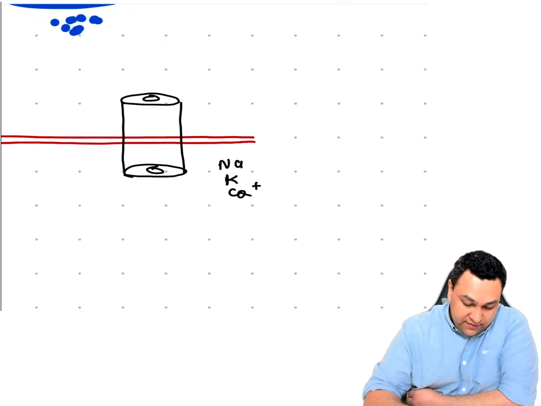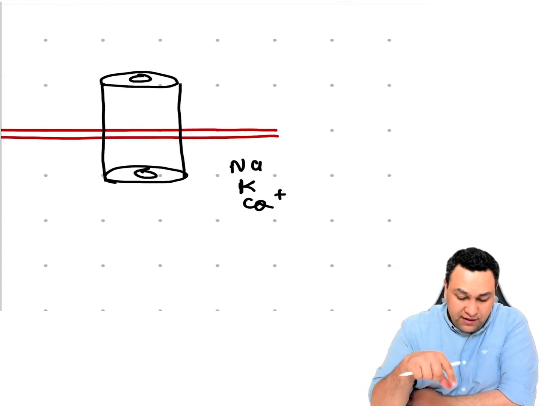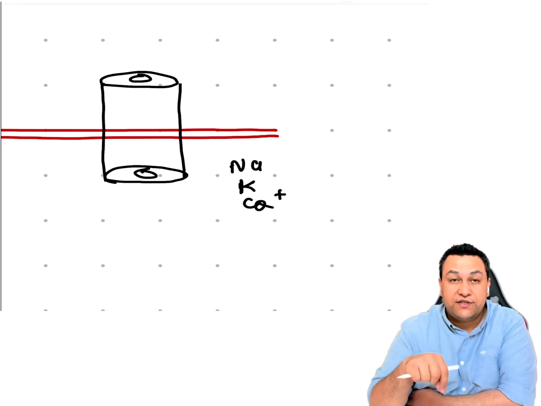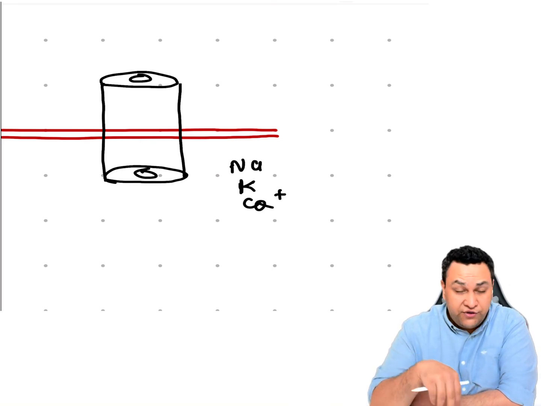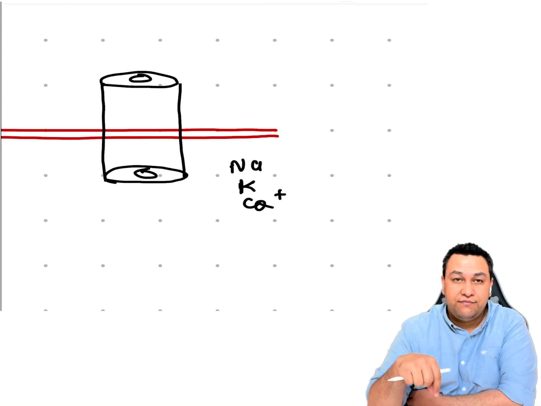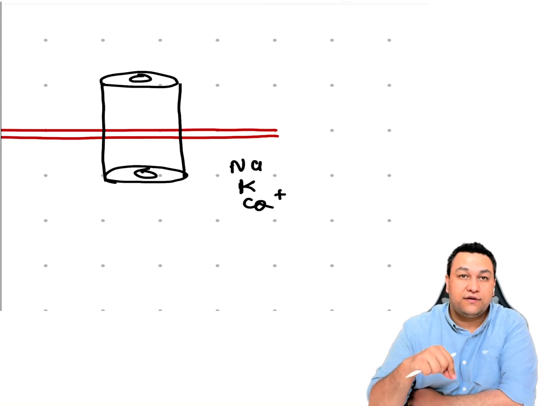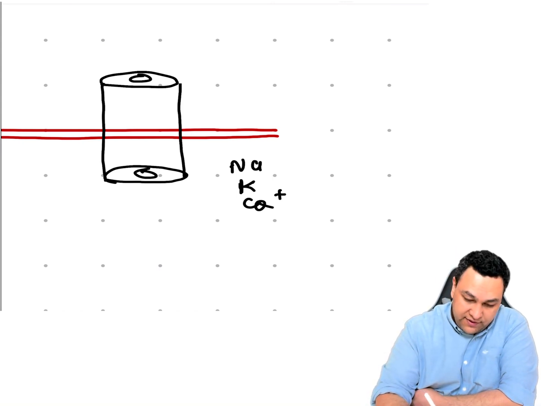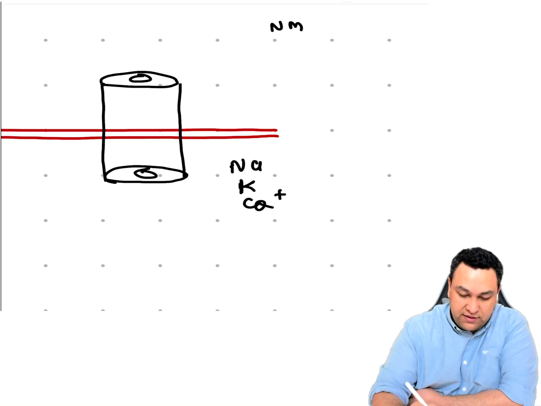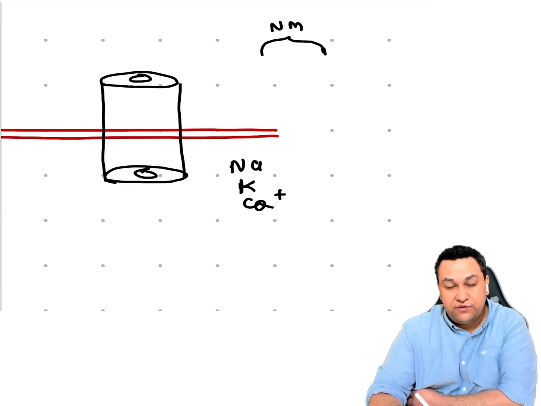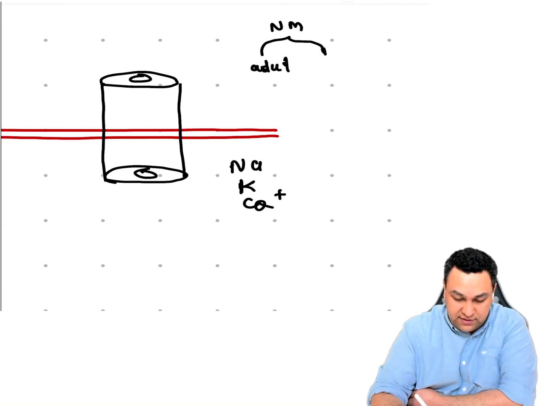Now the muscular type of nicotinic receptor could be divided into two smaller categories. Here we have this nicotinic muscular unit. The nicotinic muscular unit is a little bit different in adults and in infants.